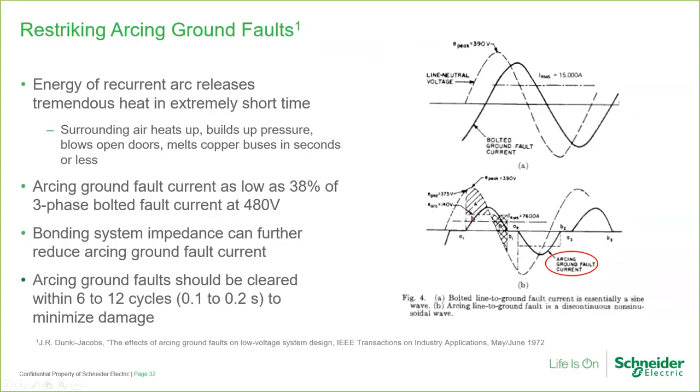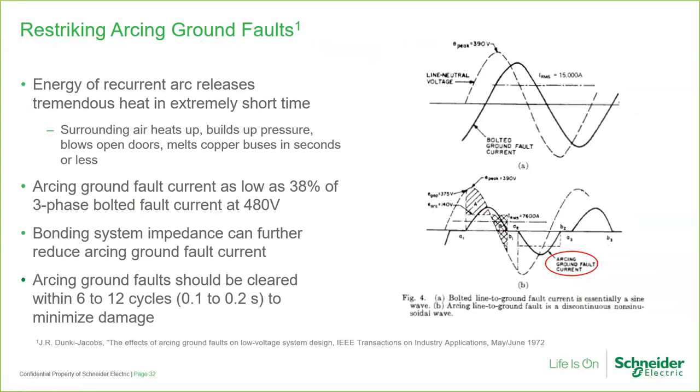Once the applied voltage waveform drops down to 140 volts, the arcing current stops rising further, and you can see that happening here. The arcing current stops rising and then starts to drop as the applied voltage drops.